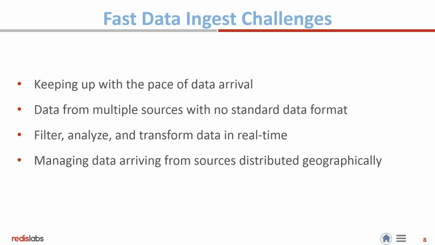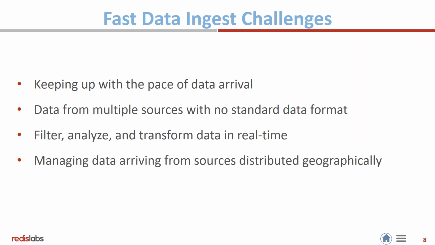Okay. Now, challenges. I already touched upon this. It is the fast pace of arrival, and its unpredictability. You cannot predict at what pace the data arrives. Sometimes they come in bursts, and you need a very fast system that can write all the data. And you need to support data arriving from many sources. And another big challenge is, as the data arrives, since there is no standard format, you need to filter the data, and sometimes you need to transform the data the way the destination requires.